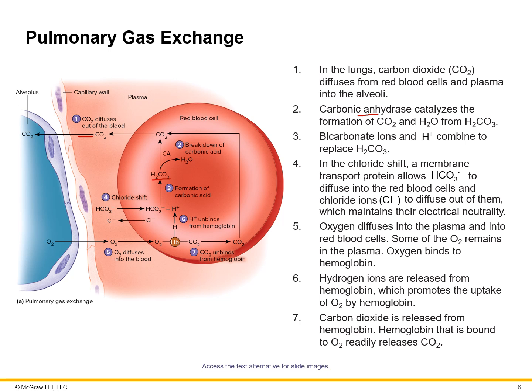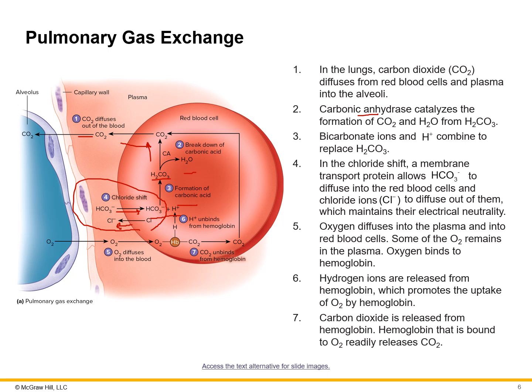Again, it breaks down into carbon dioxide that then again diffuses out, and then our bicarbonate here from the breakdown of carbonic acid. Again, it was formed whenever that bicarbonate and that hydrogen ion combine, but here's this chloride shift. So the chloride ions are going out, and that allows the bicarbonate to come into the red blood cell.